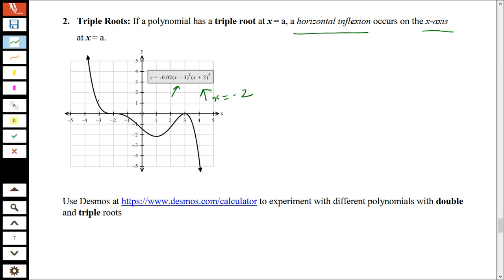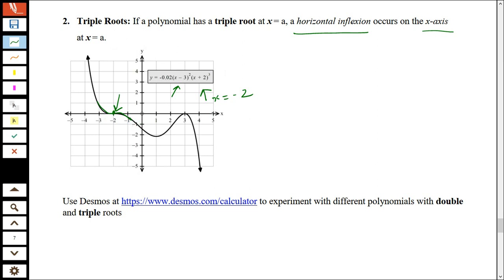What does that mean? It just means that the polynomial is perfectly horizontal just at x equals negative 2 in this case. So there's my inflection point right there. Okay, so at that exact point, the curve is perfectly horizontal. So when you're sketching that, you've got to show the curve to be horizontal.